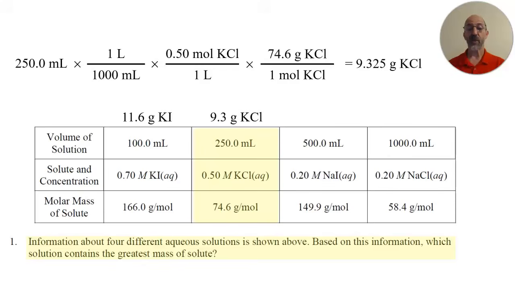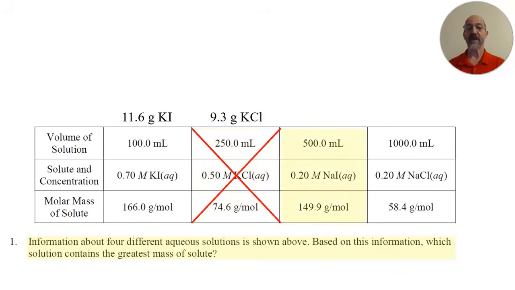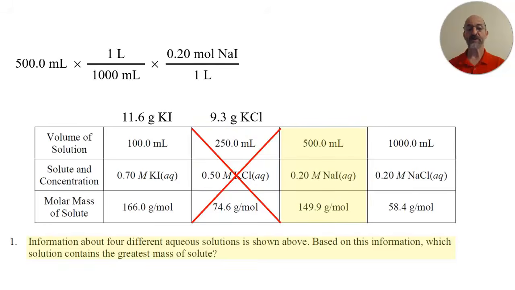Well, since in question 1, we are looking for the solution that contains the greatest mass of solute, I know that the correct answer cannot be choice B because 9.3 is less than 11.6. Now moving on to choice C, 500 milliliters, convert from volume to liters, 0.20 capital M, that's 0.20 moles of sodium iodide, or NaI, for every 1 liter, and then times 149.9 grams of sodium iodide for every 1 mole.